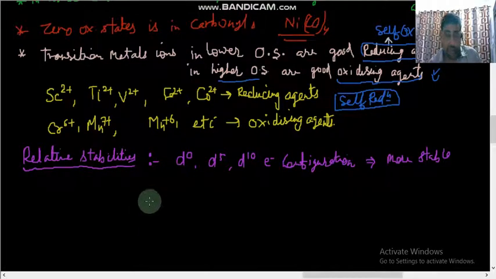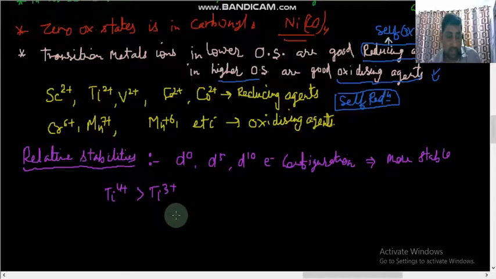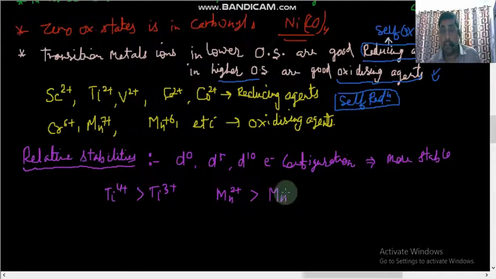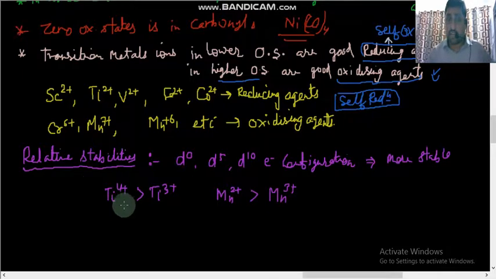For example, titanium 4 plus is more stable than titanium 3 plus. Similarly, manganese 2 plus is more stable than manganese 3 plus. Why?